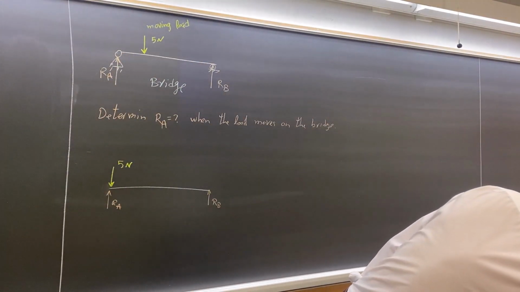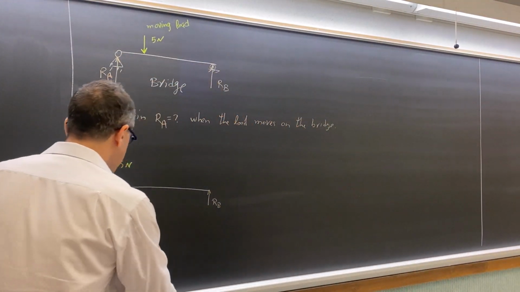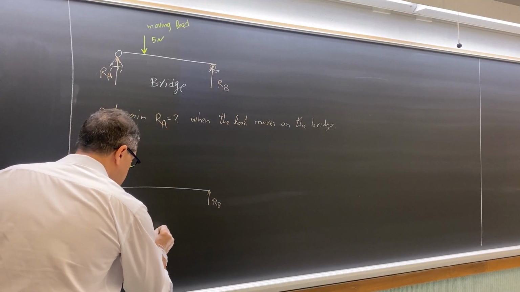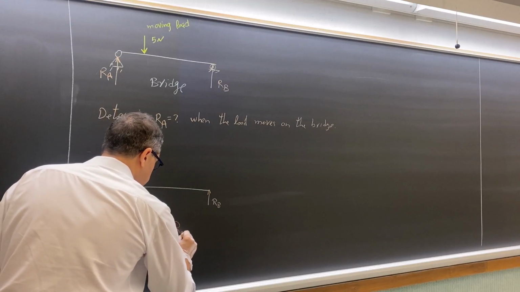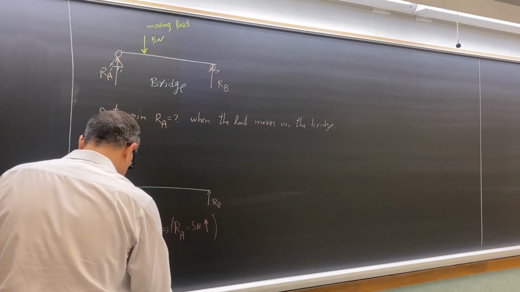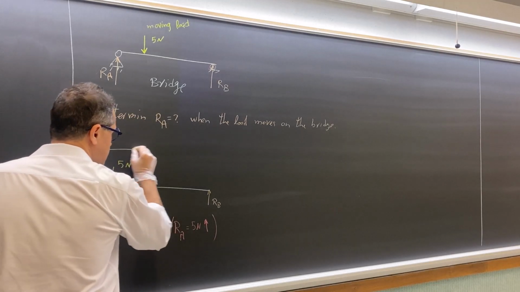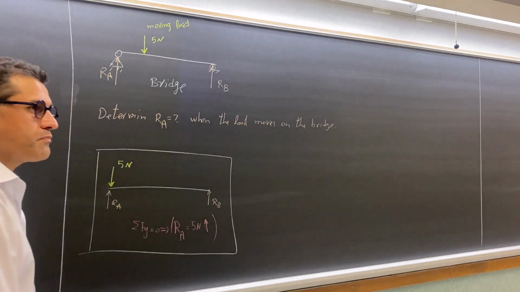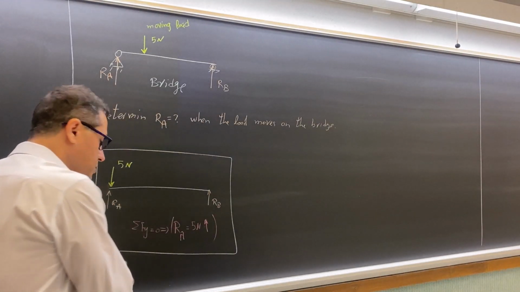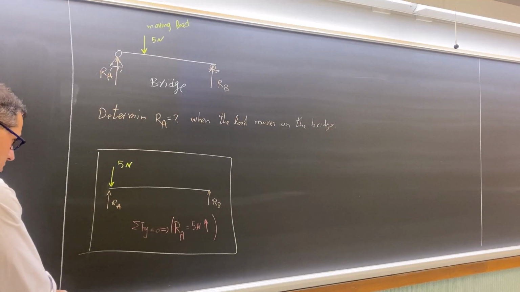Yes, you can write sigma Fx, sigma Fy, and from the equation sigma Fy, you can find RA, which is 5 Newton upward. I just put it inside the margin. We are done with it. Is there any question? It's quite simple.